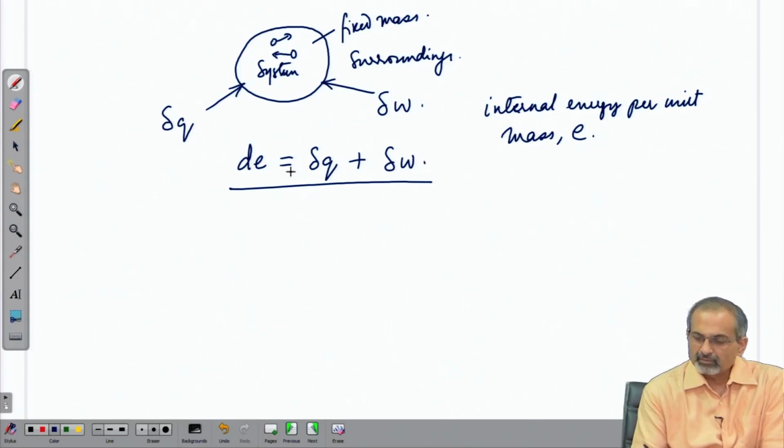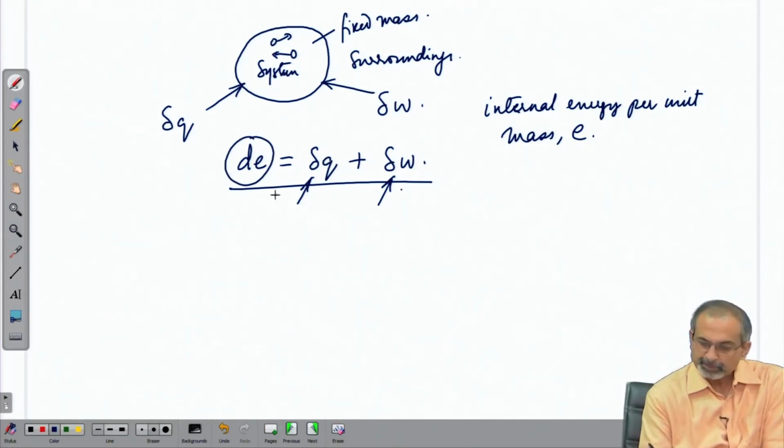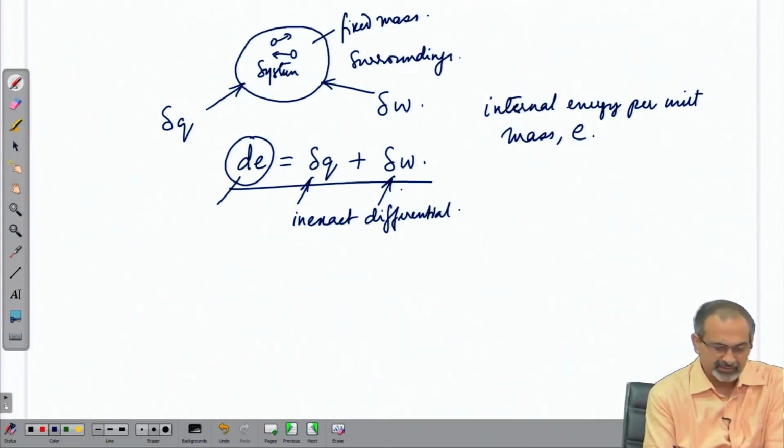So, if you exchange heat and work with the surroundings, then there is a change in the internal energy. These are inexact differentials because they are path functions, while this is an exact differential because it is a state function.